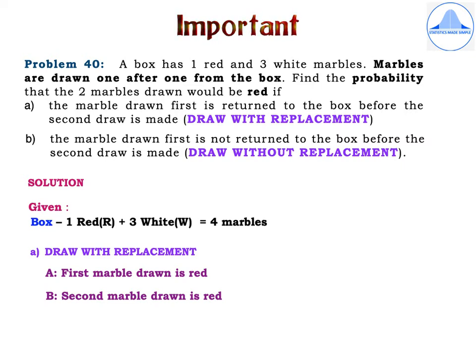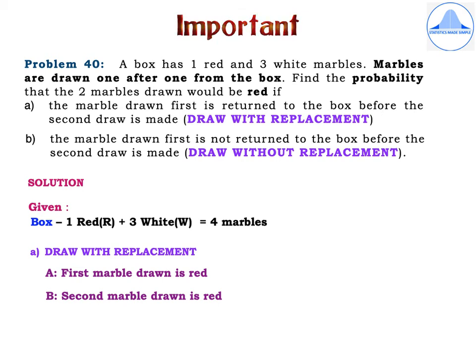In this last problem on probability, we are considering a draw with replacement and draw without replacement, and this also is an important type of problem. So problem 40. A box has 1 red and 3 white marbles. Marbles are drawn one after one from the box.